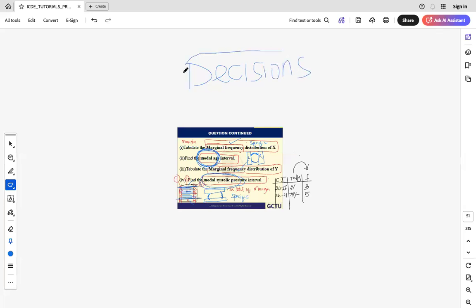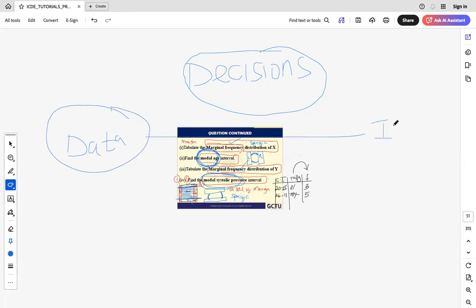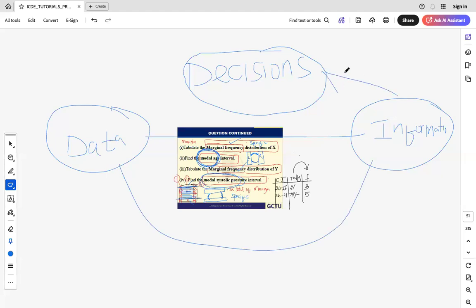That is all. All you are doing in your study is to help professionals to make quality decisions. And like I said from the beginning, the decisions cannot be based on raw data. We have to convert the raw data into information. And this is where the IT professionals come in. This is our line. Just convert the data into information, allow the professionals to make their decisions from the information you have gathered for them.